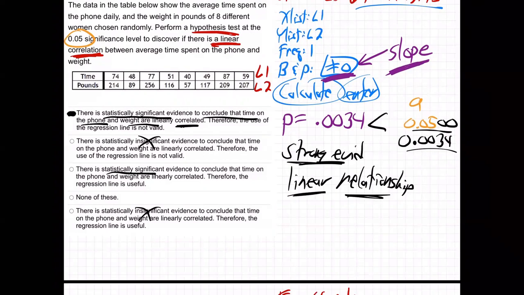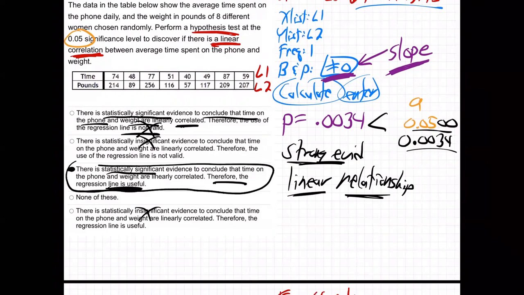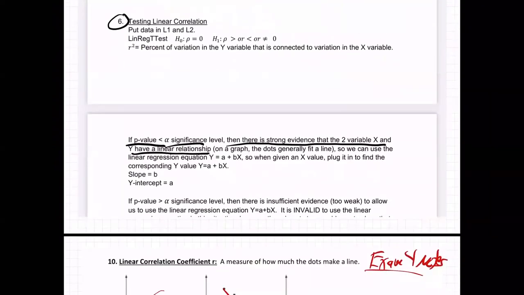That's right. The other one says, wait, the time on the phone and weight. Oh, I didn't read the rest of it. Therefore, the regression line is useful or is not valid. Oh, wait, whoops. No, not valid. That's wrong. The regression line is useful. Where does it say that? Right here. So we can use the linear regression equation.